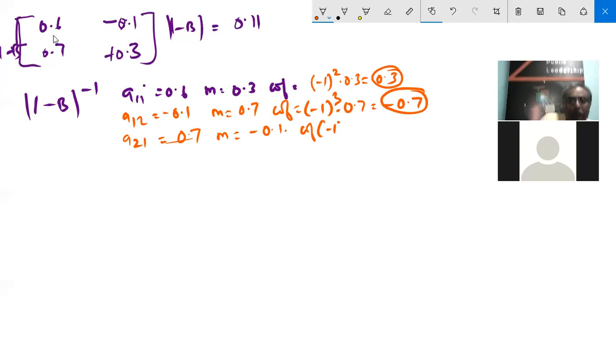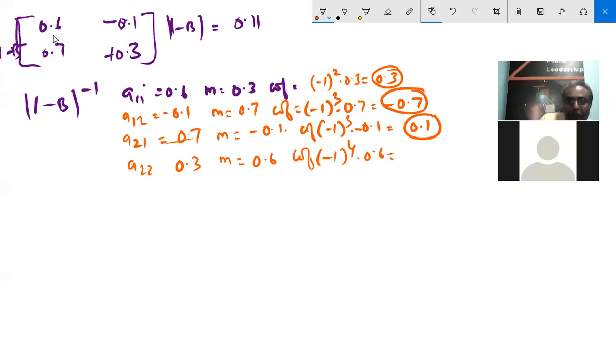Cofactor is minus 1 cubed of 0.7, that is equal to minus 0.7. Okay. A22 is 0.3. Minor is 0.6. Cofactor is minus 1 to the power of 4 into 0.6. That is equal to 0.6.